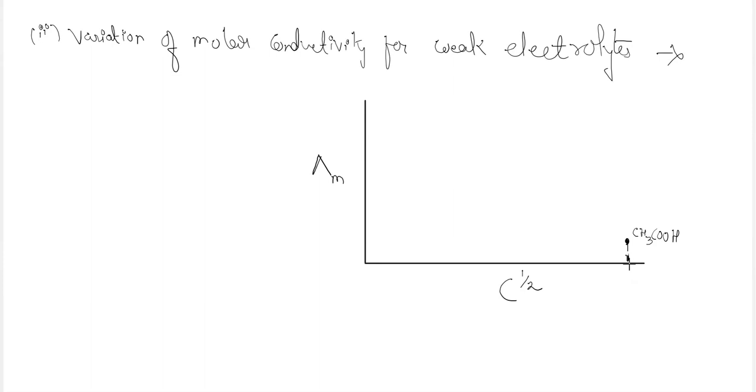Because it is a very weak electrolyte, the ionization, the dissociation into acetate ion and H plus ion, will be very low. The dissociation rate is very low when a higher concentration of acetic acid is present.